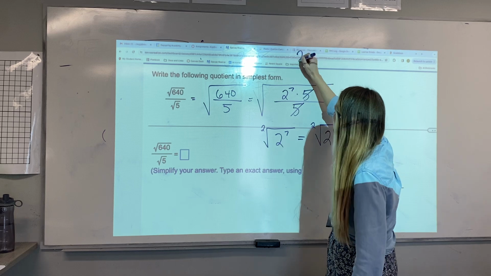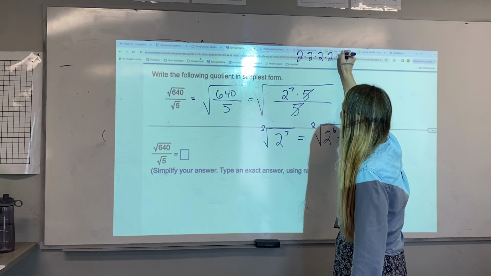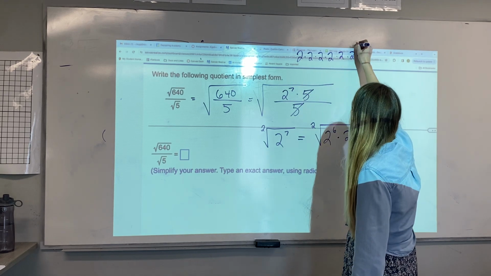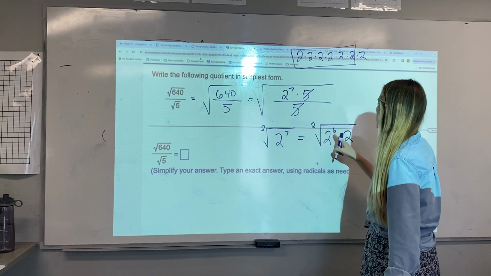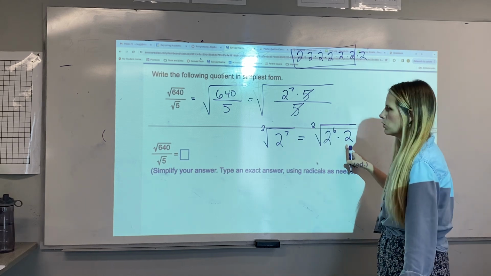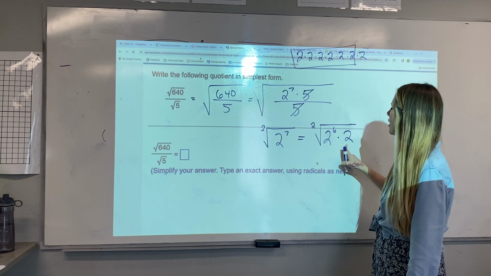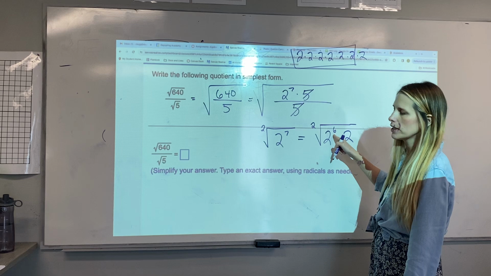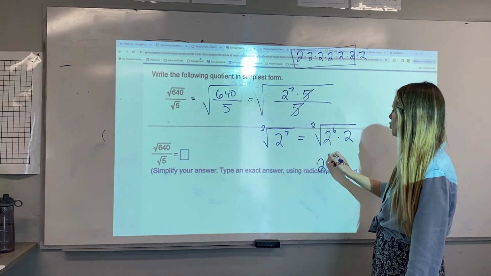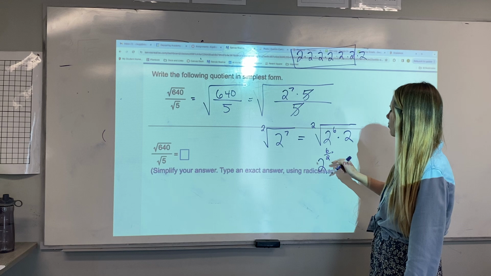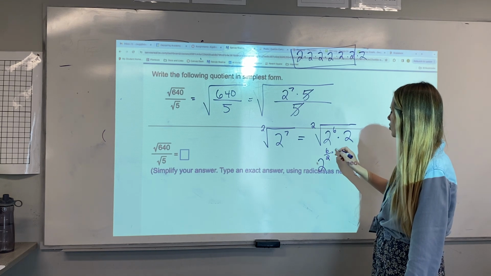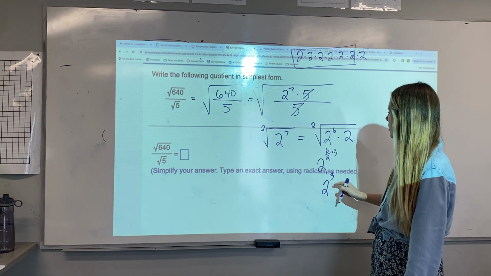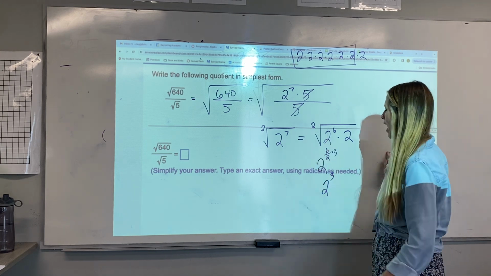So I'm basically taking 2 times 2 times 2 times 2 times 2 times 2 times 2. 1, 2, 3, 4, 5, 6, 7. And I'm going to group these together as 2 to the 6th and keep this extra 2 on the side, because my 2 to the 6th, my even exponent, I can set that up as 2 to the 6 over 2, which will allow me to divide 6 by 2 to get 3, and that is 2 to the 3rd power freed from the radical cage.